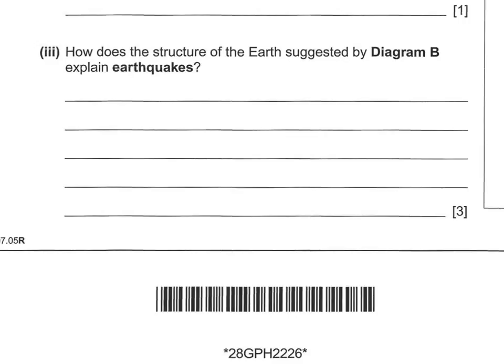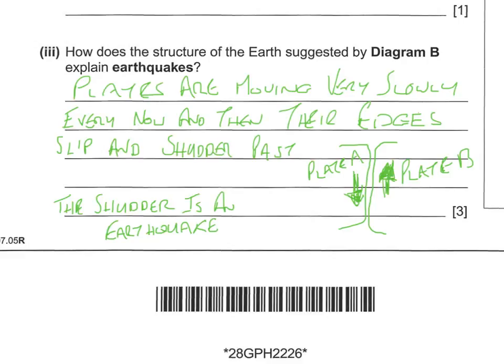They stay in contact with each other and then shudder, and that shuddering movement as they slip past each other is what's causing the earthquake. So I've just said that the plates are moving very slowly, and every now and then their edges slip and shudder past, with one going down, one going up, like that. And the shudder is an earthquake.